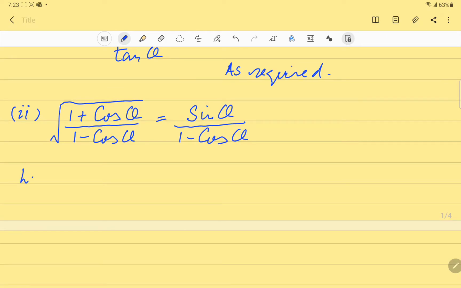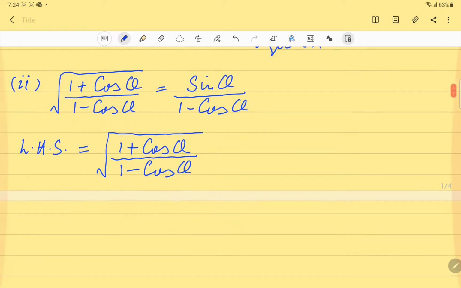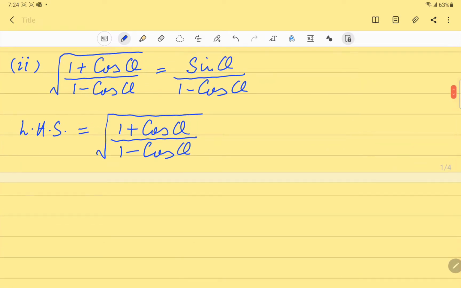Our left hand side in this case is 1 plus cos theta over 1 minus cos theta whole under square root. We will multiply numerator and denominator with 1 minus cos theta.